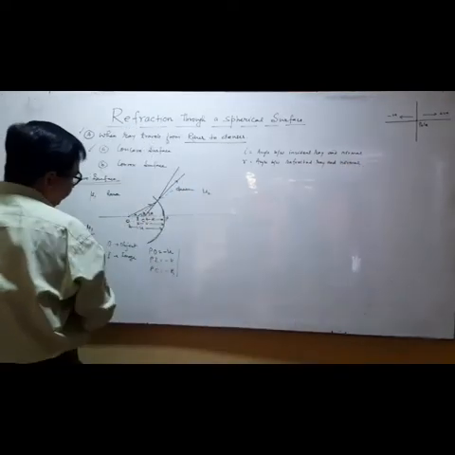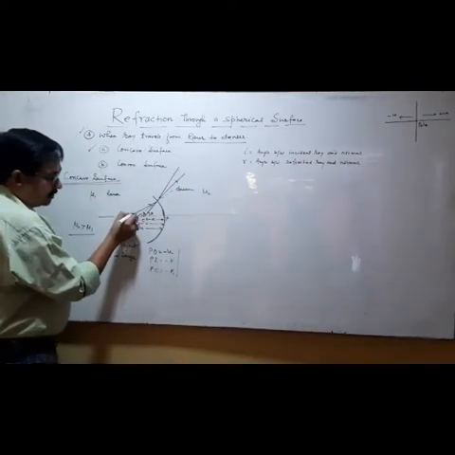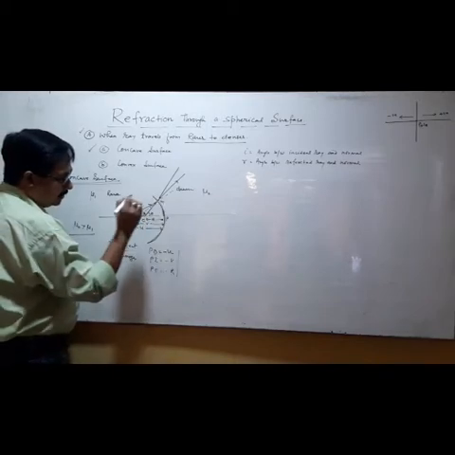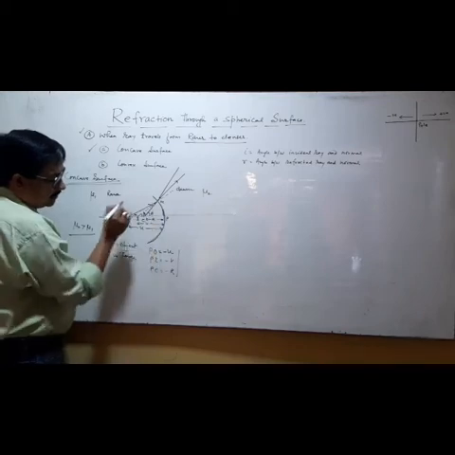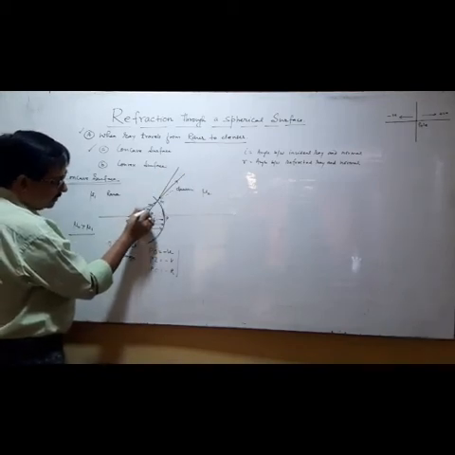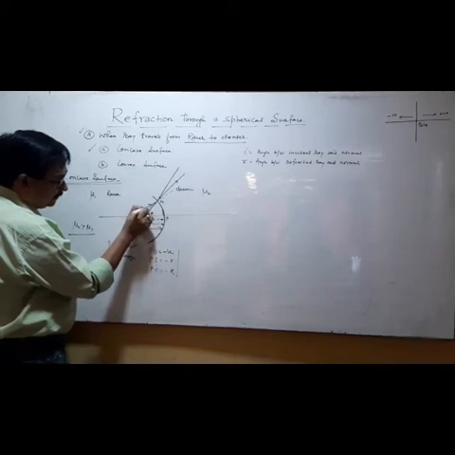Now see, this is your incident ray, M, we can write this. OM is incident ray and this line is normal. So this angle is I.